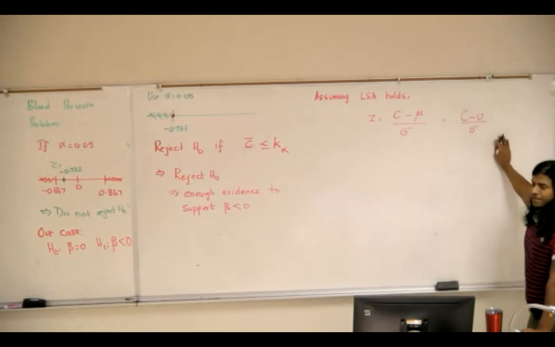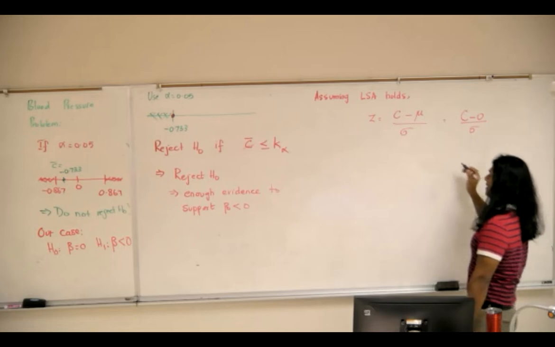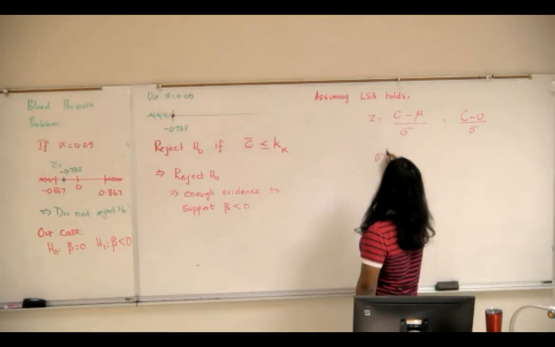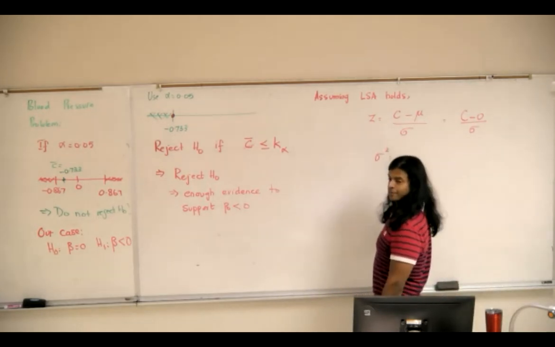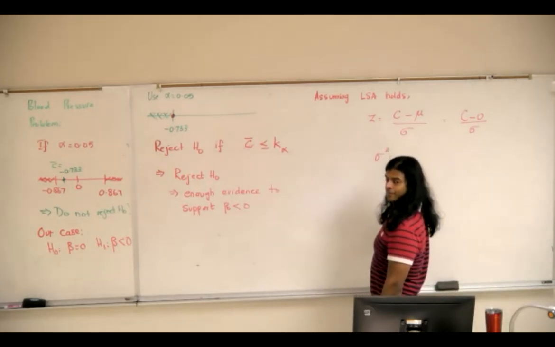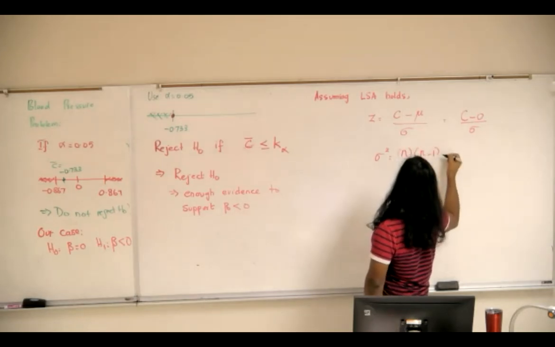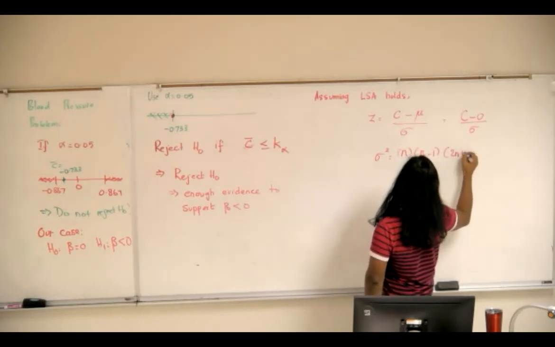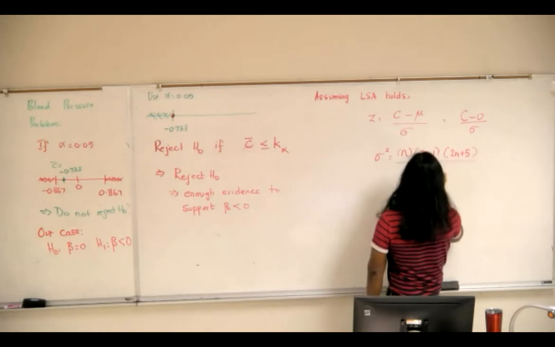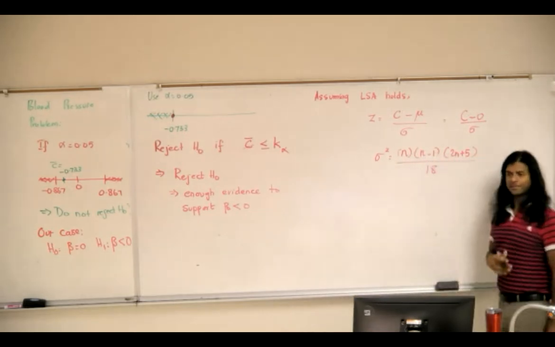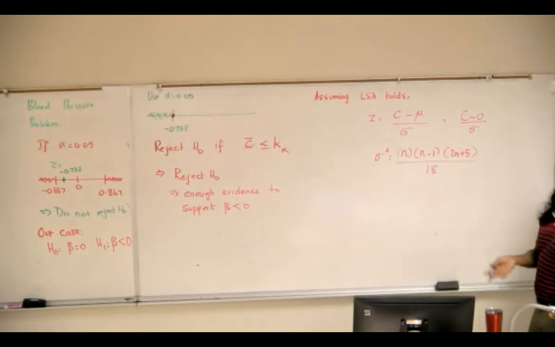What is sigma? Well, sigma squared, where does it come from? n(n minus 1)(2n plus 5) over 18. That comes from Kendall. And of course, we've got a square root.